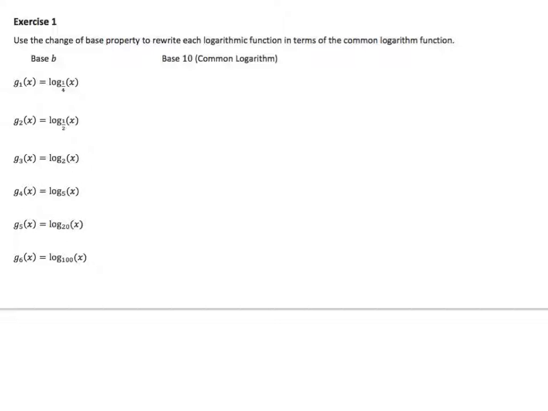So let's practice using the change of base property to rewrite into common logarithms. If you remember, the change of base just says log base b of x equals, we're just changing them both to log 10, log of x over log of b. So they're both base 10.